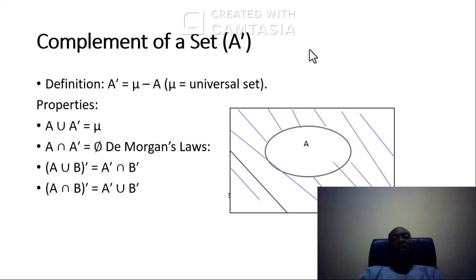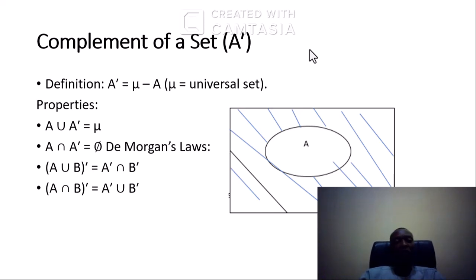So, complement of a set. The complement of a set consists of elements that are in the general set but not in the set under consideration. That is, if you are talking of set A, any element that is in the general set but not in set A is called the complement of set A. Take for example, if we are considering students in National Open University of Nigeria, that's our general set, and we say our set A is the set of students ordering MTH 106.